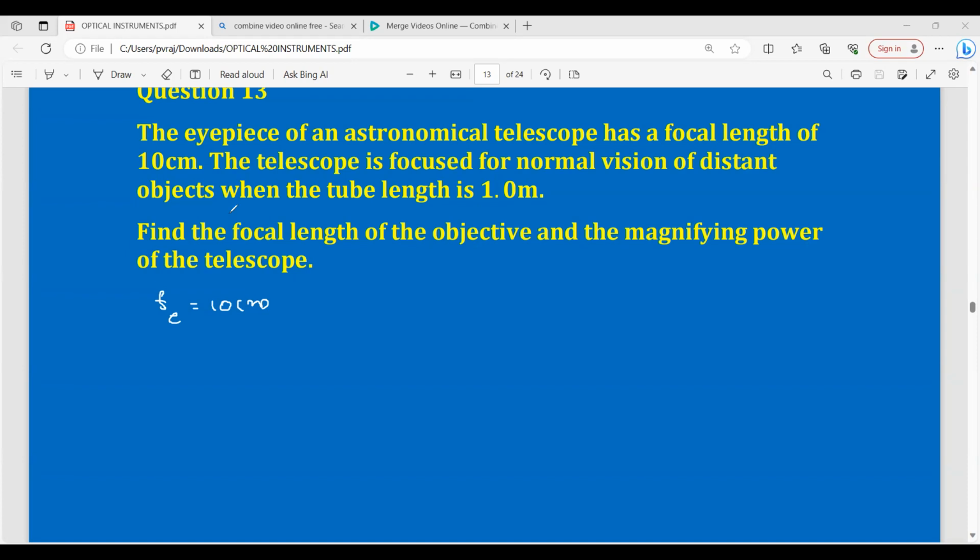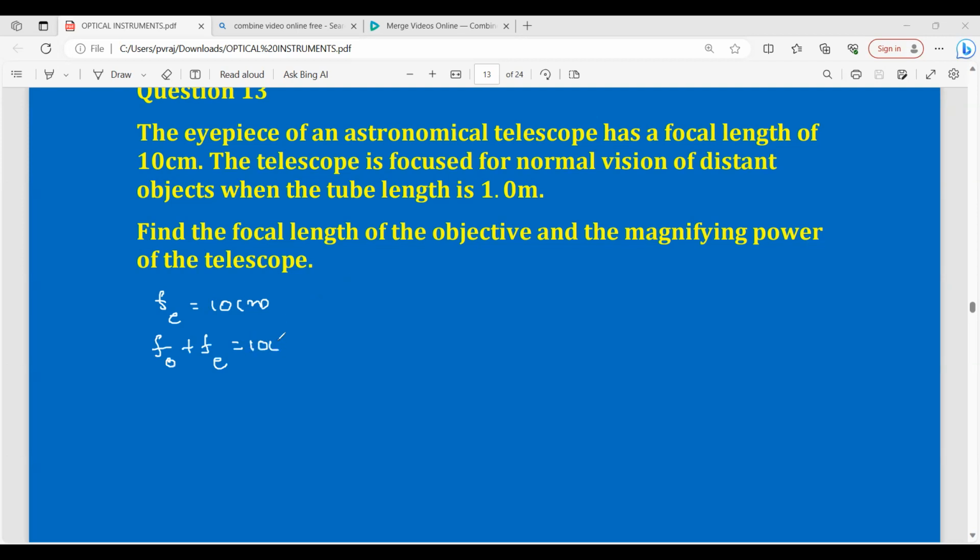An astronomical telescope is used to see astronomical objects which are at long distances only, so the image is formed at infinity also. So the tube length is given. As in the previous question, this is focal length of objective plus focal length of eyepiece. The sum is given as 1 meter.